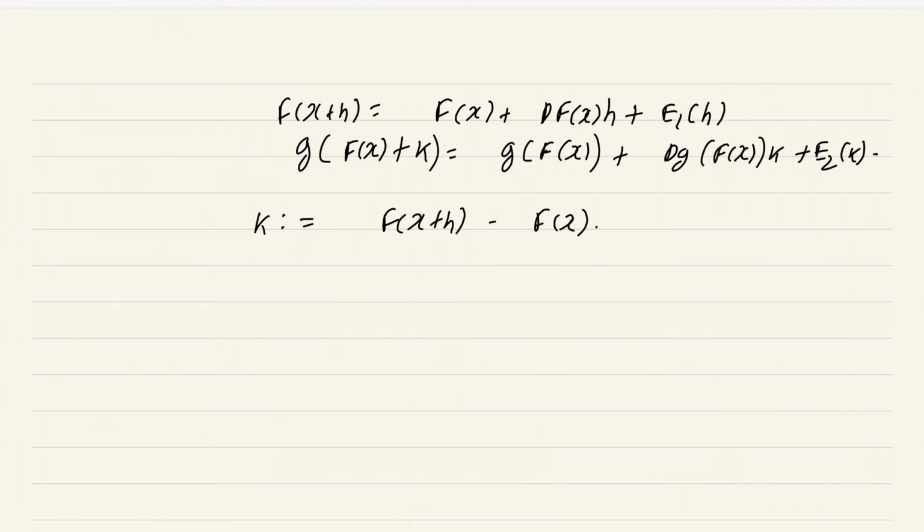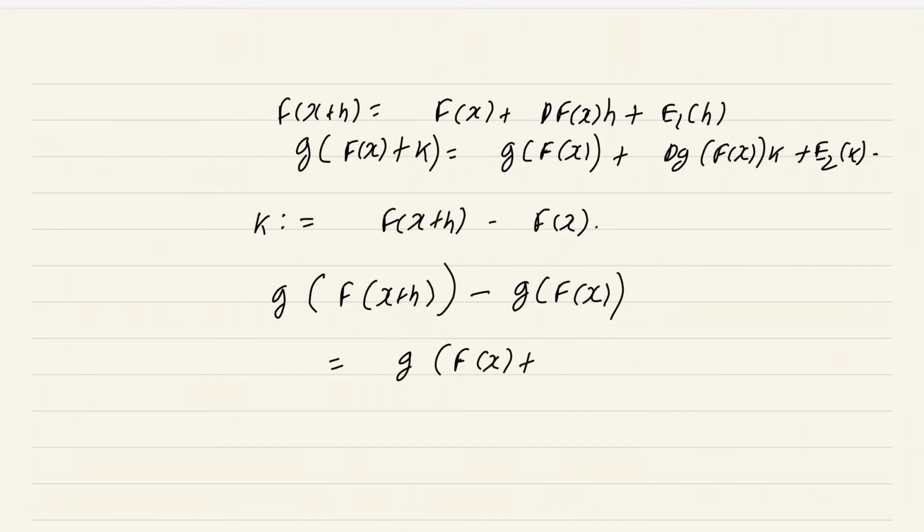As usual, in most proofs of the chain rule, we have to do something like this. And we have to compute what g(f(x+h)) minus g(f(x)) is to get what we need. Okay, so g(f(x+h)) minus g(f(x)) is nothing but g(f(x)+k), minus g(f(x)), because k is nothing but f(x+h) minus f(x).